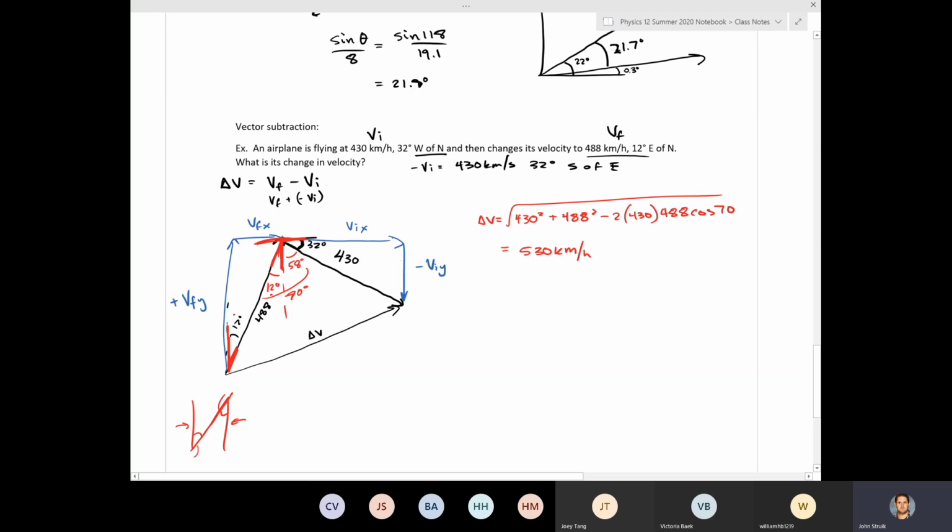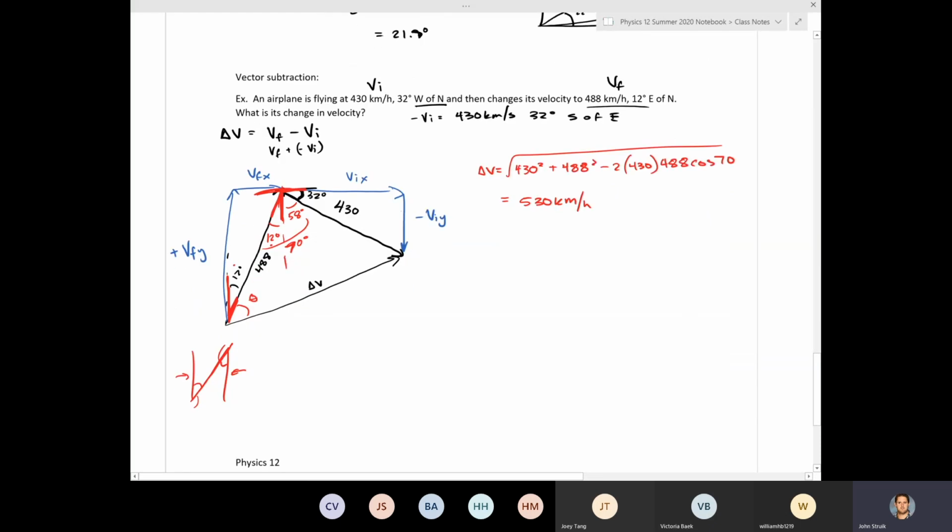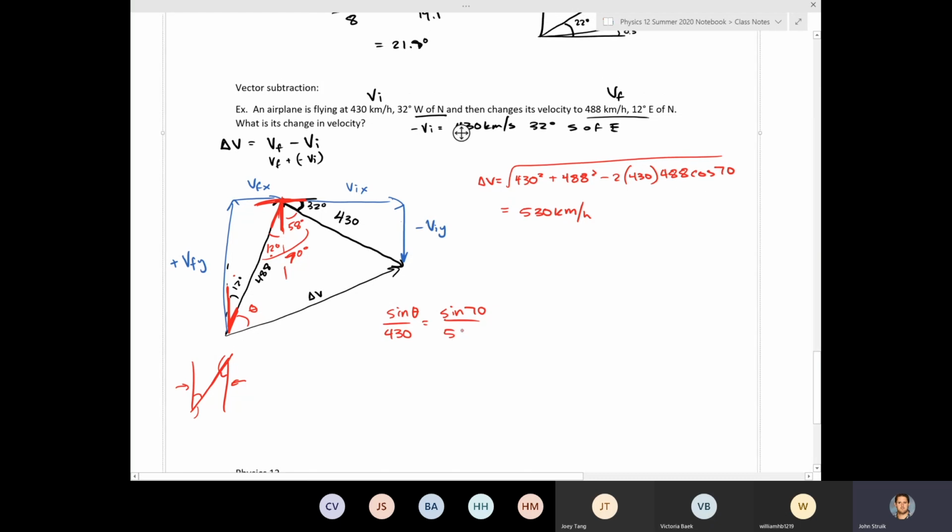So what I want to do is find the angle formed inside of the triangle I'm dealing with, obviously the black triangle that I drew here. So I want to find this theta right here. So sine theta over 430 equals sine 70 over the answer I just got, 530. I'm going to use the unrounded value, but these values are big enough that it's not going to make a difference.